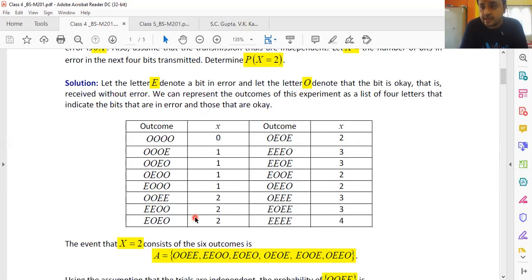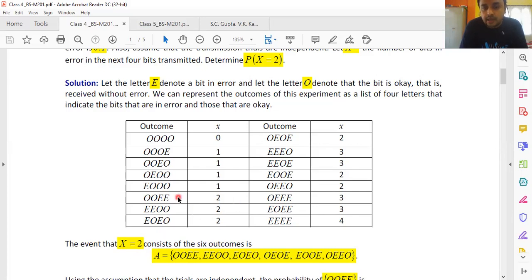Now, what is an event? An event is a subset of the sample space. X is the random variable which is counting the error bits in these 4 transmitted bits. So first of all, we have to define what sort of events we are dealing with.